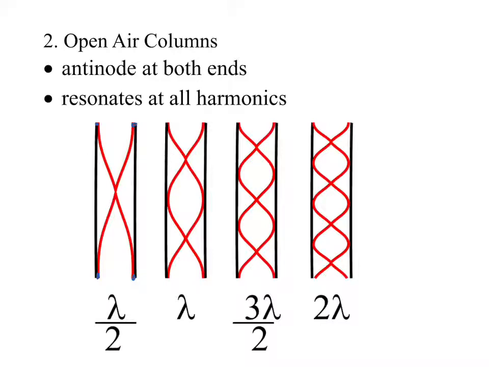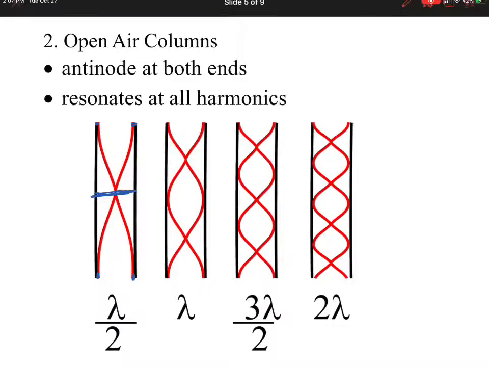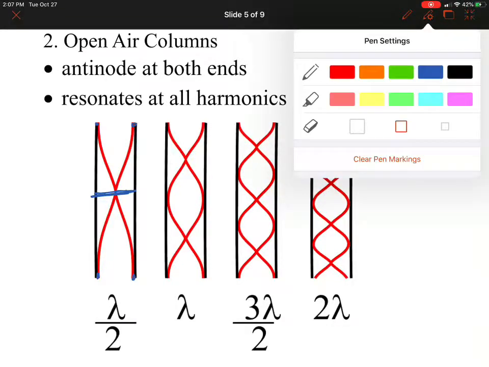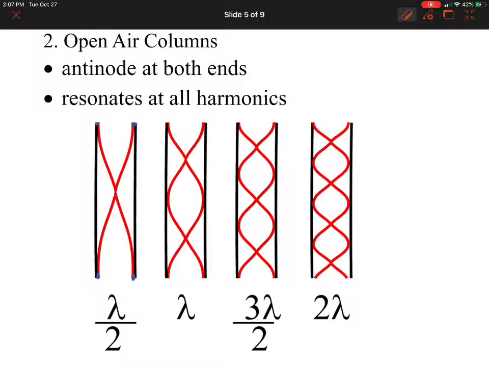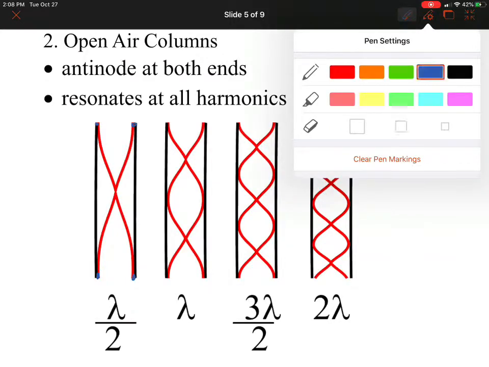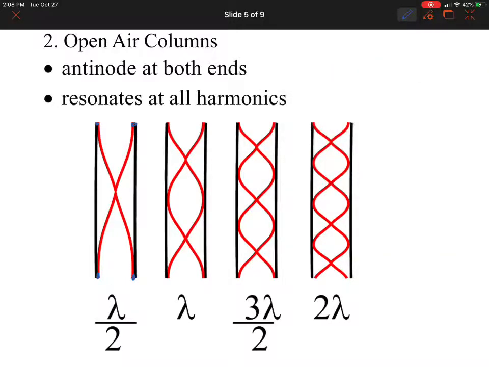And because we did this, now we can get halves of wavelengths, okay? Because again, I can't just end this column here where we have a quarter of a wavelength. It just doesn't work because it's open at both ends, and therefore there has to be antinodes at both ends, okay? So because of that, we get halves.